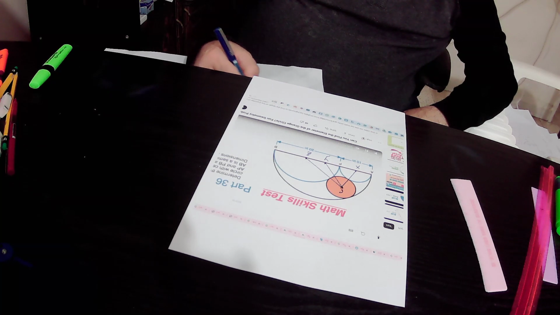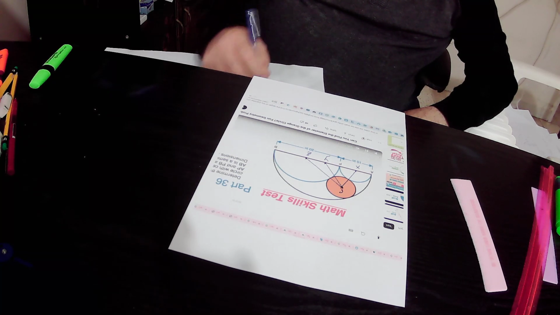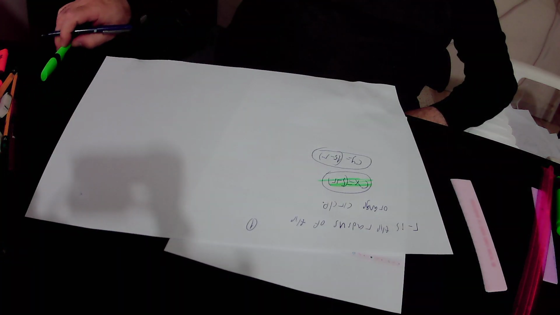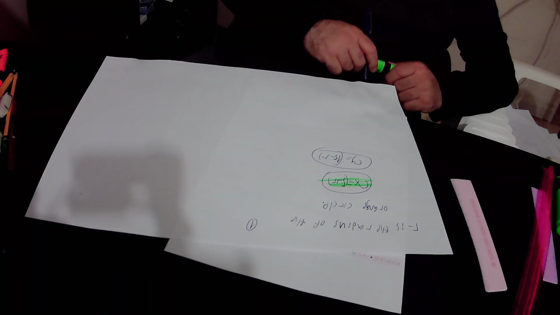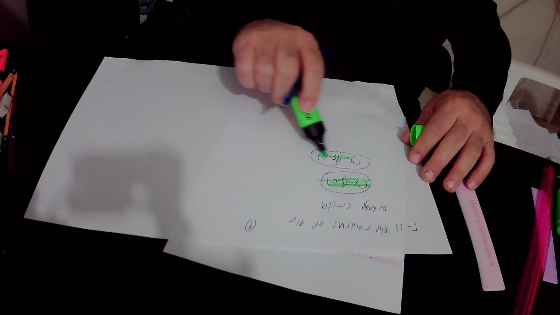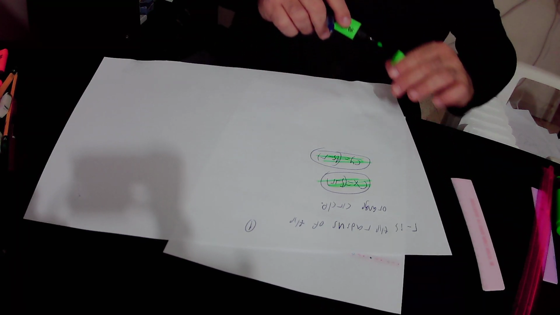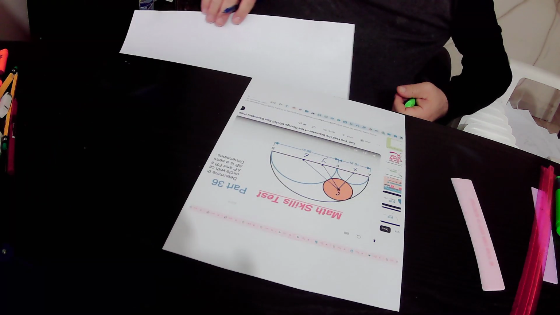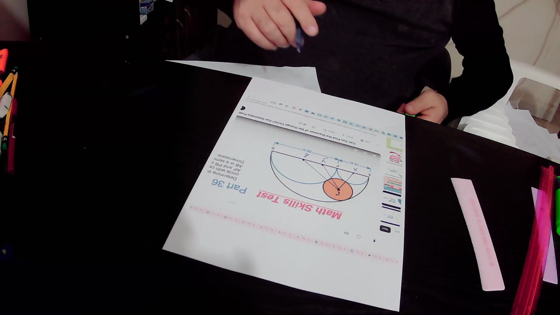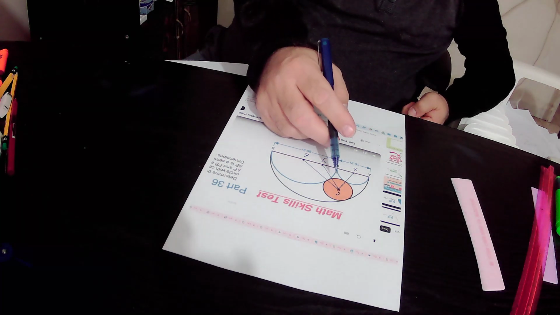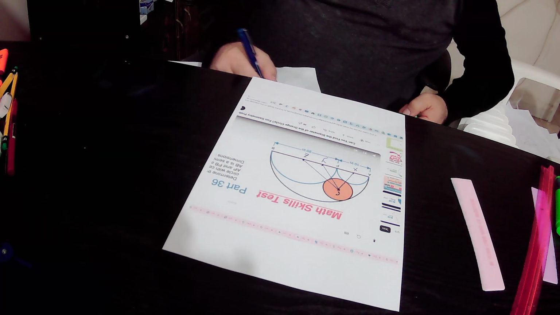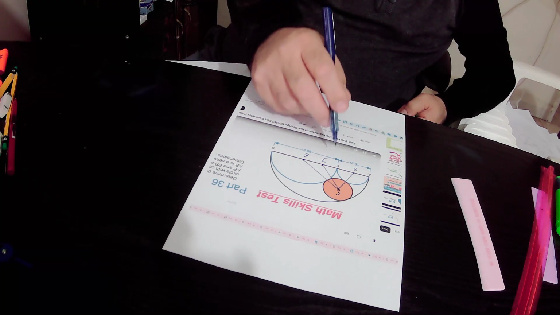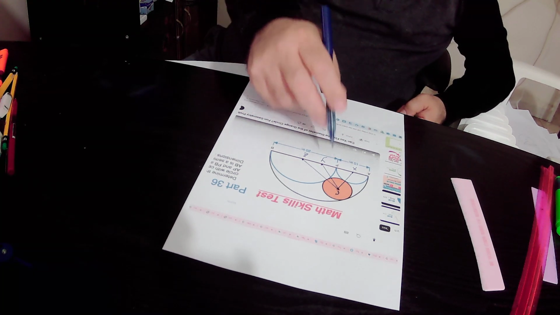So in conclusion, we found out that the length CY is equal to 15 minus small r.